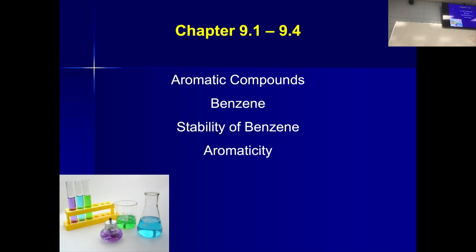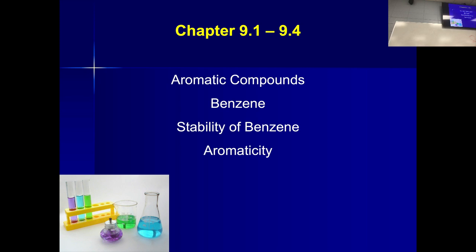So did it react? If it's still colored, it means the bromine-bromine bond is still there, right? So did I break it? I didn't break that bond, did I? What's going on? This is not reacting to make this, as we might have predicted. No reaction.